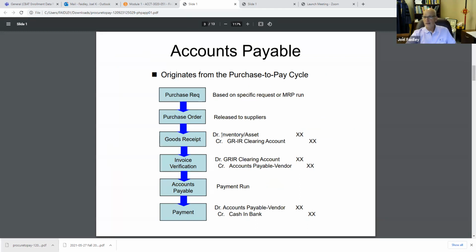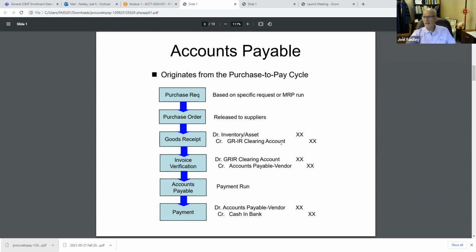So what happens? You debit inventory or asset or expense. If you're expensing it as a debit, you're crediting this GRIR. Now, what is that? That's a goods received, invoice received, clearing account. Since you've got the goods out there on your dock, you've taken ownership, title is passed, the company you bought from has booked the revenue, now you're showing this as an expense or inventory or asset.